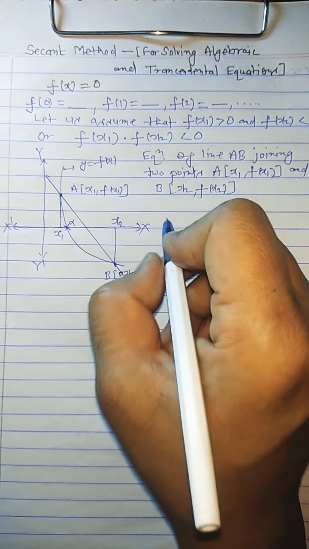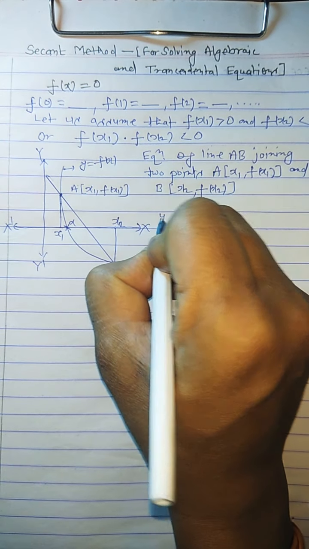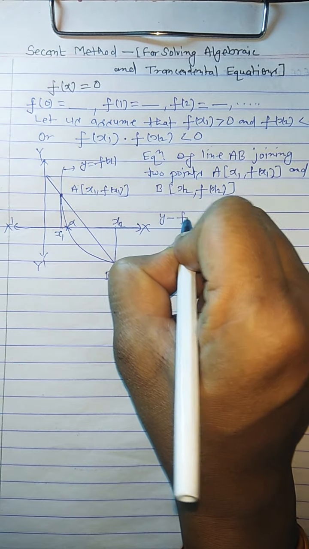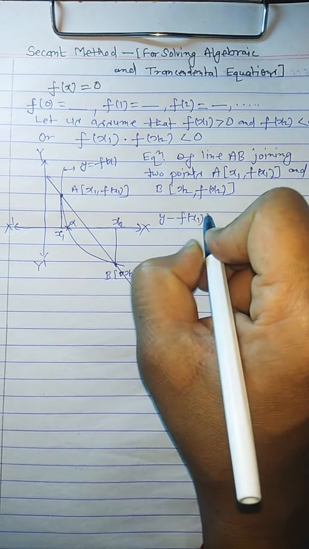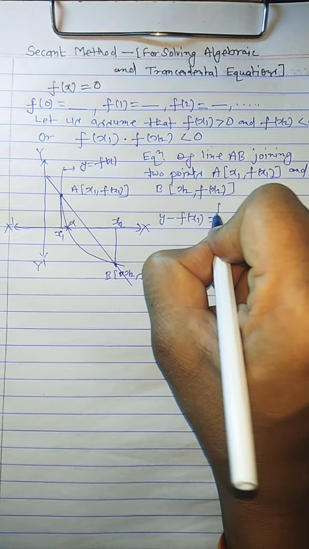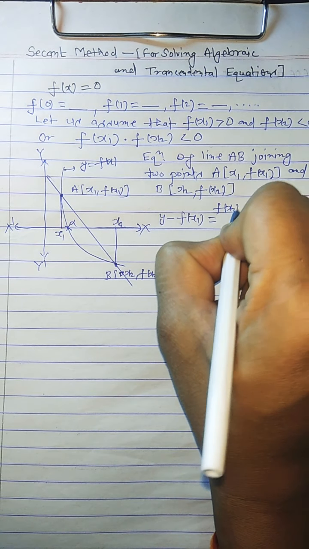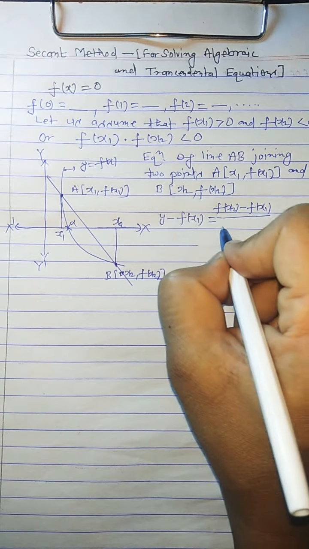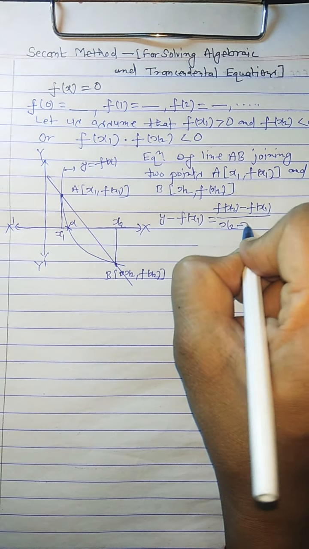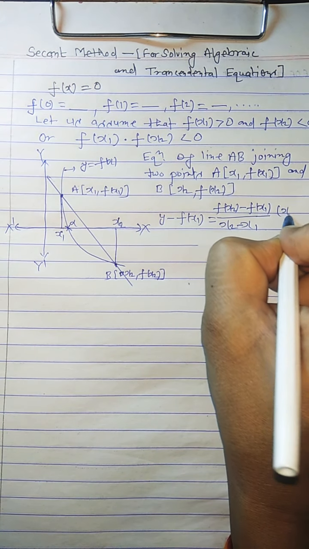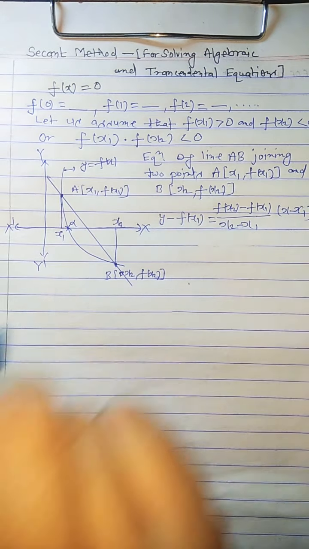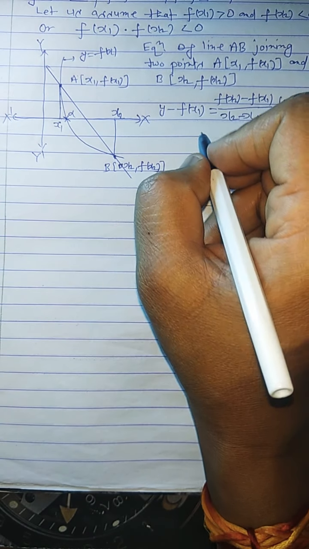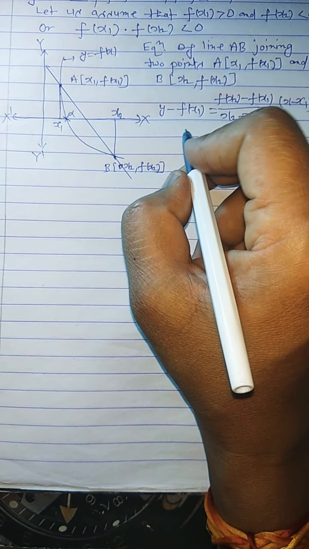What is the formula? y minus y1, that is y minus f(x1), equals (f(x2) minus f(x1)) upon (x2 minus x1), times (x minus x1). Now we solve this.